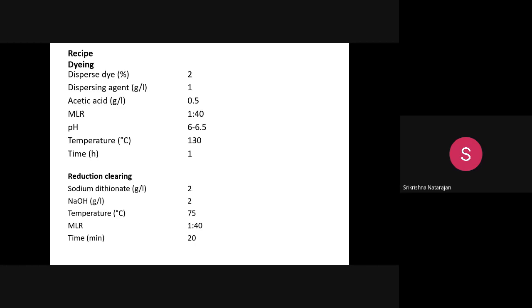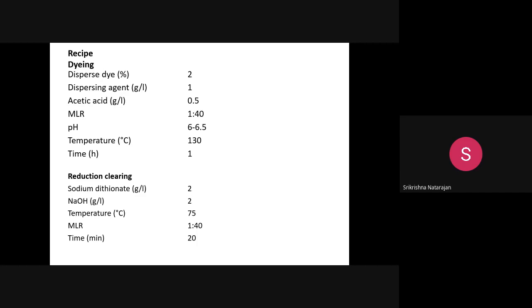So just see how this dyeing is done. First you take the dispersed dye. This is the recipe for dyeing, and this is the reduction clearing. Why this reduction clearing, we will see. First the dyeing recipe: dispersed dye 2%, dispersing agent 1 grams per liter, acetic acid 0.5 grams per liter, MLR 1:40, pH 6 to 6.5, temperature 130, time 1 hour.